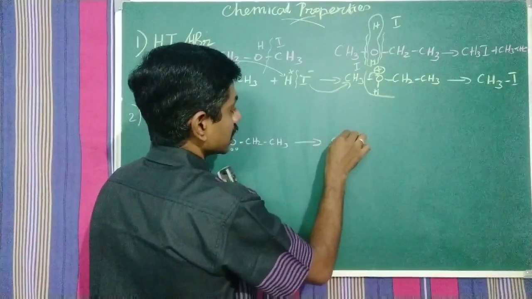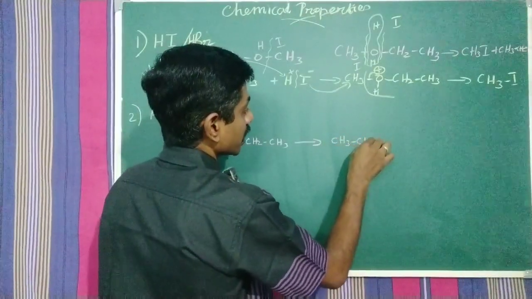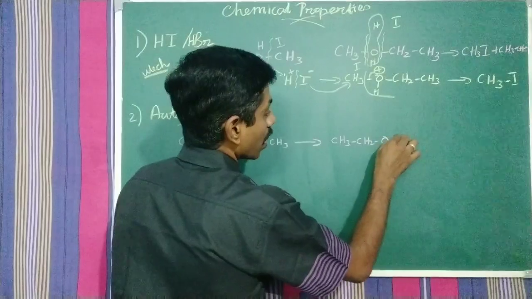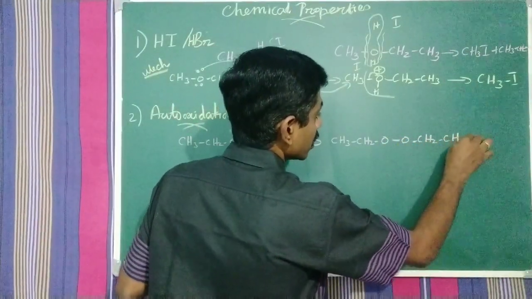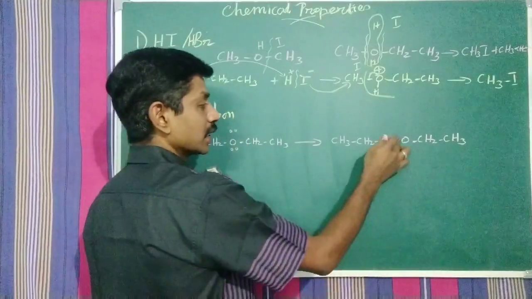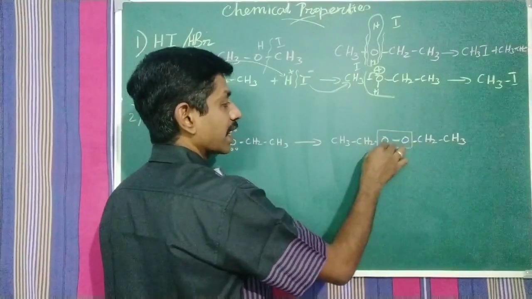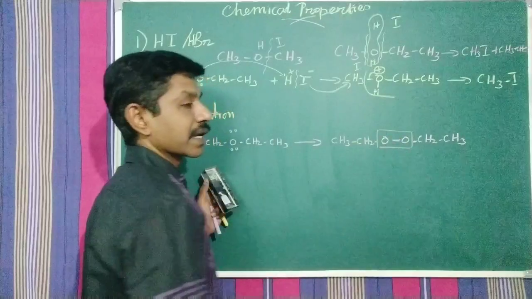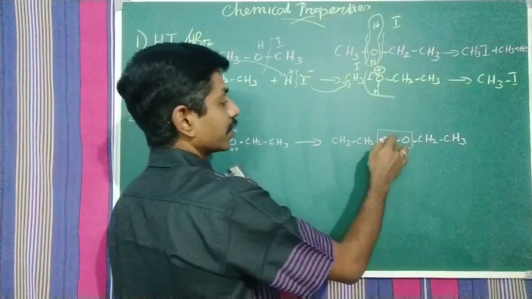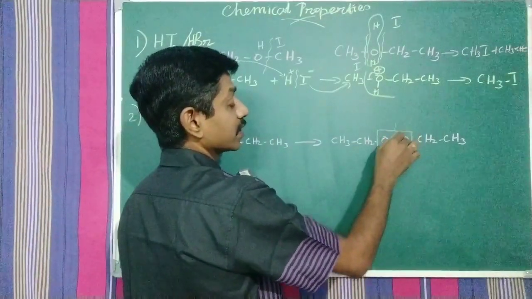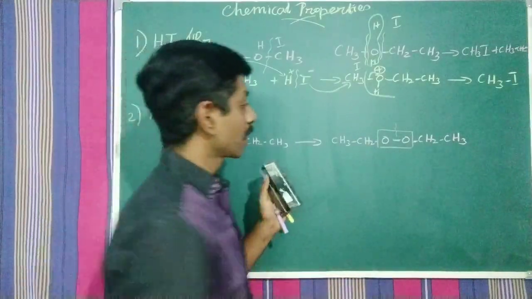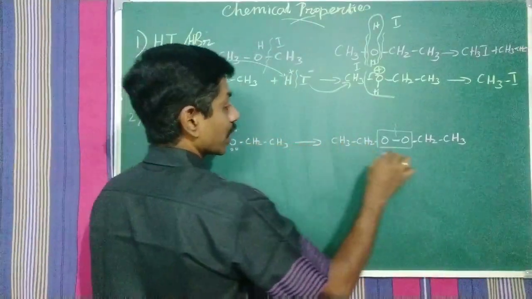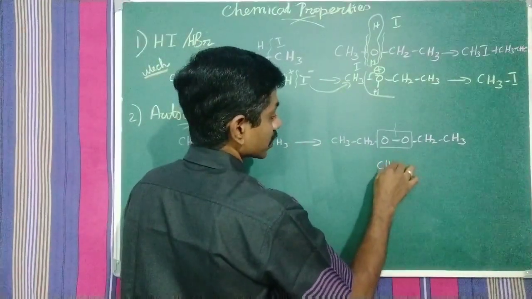One is CH3CH2O-O-CH2CH3. See, this is how they form peroxide, diethyl peroxide. So the bond between oxygen and oxygen is very weak, so it will break very fast and it will lead to explosion. And sometimes the other product is also possible.